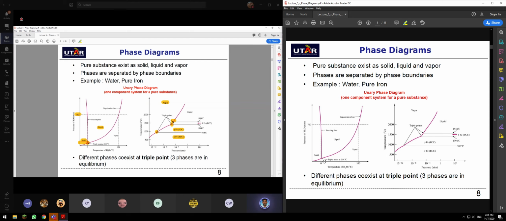And here, at this pressure and this temperature, iron can be in beta, liquid, solid, and also vapor. These are the triple points. So this is the liquid line.